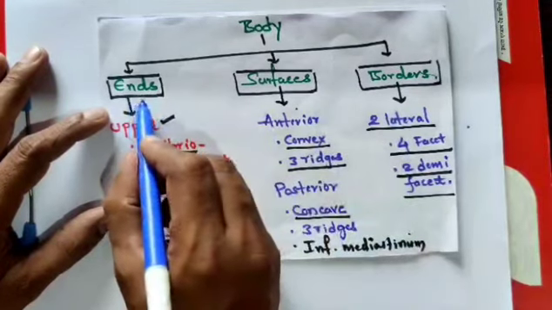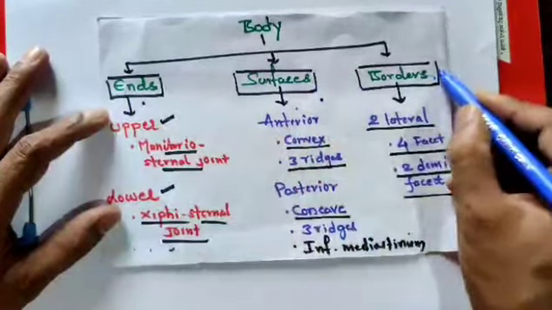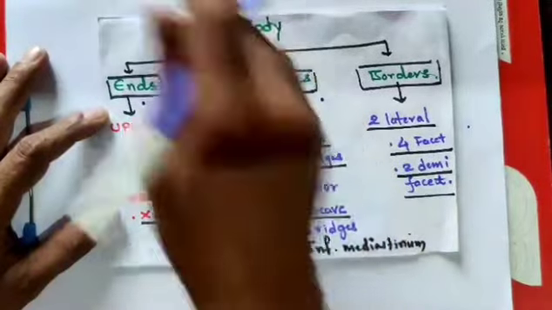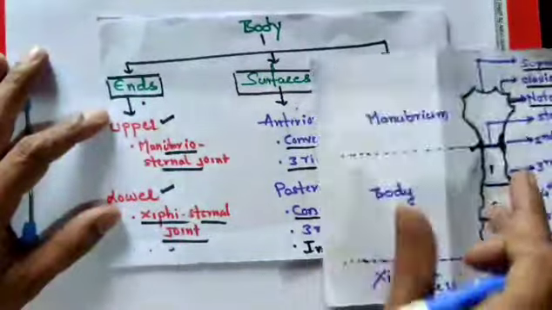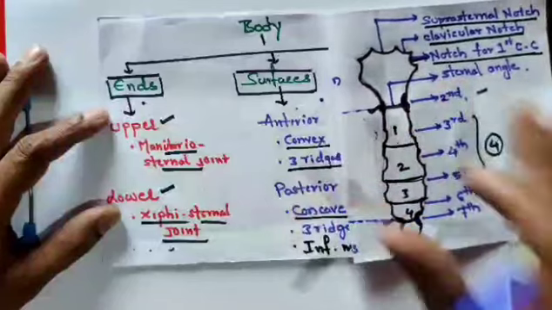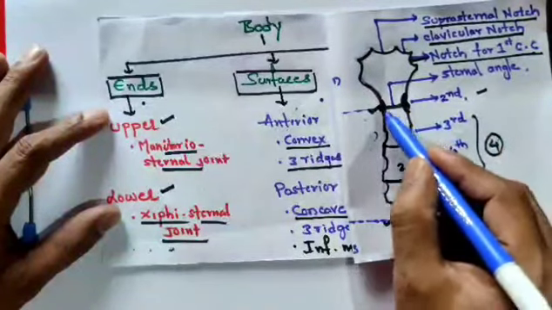That is called ends, surfaces and borders. So the body of the sternum, if you take this diagram here, this is the body of the sternum.